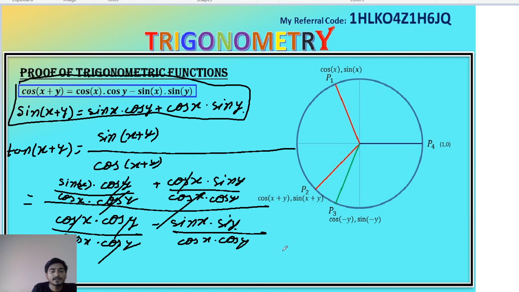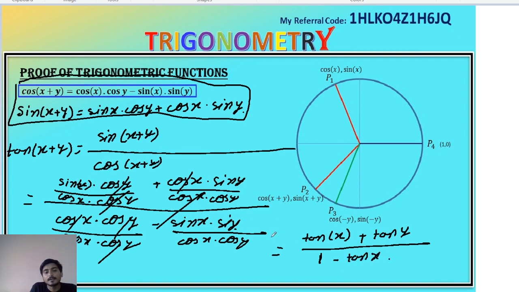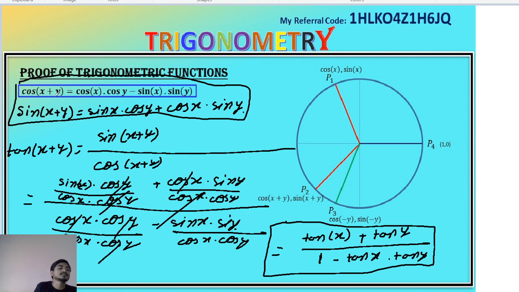What is left is, in the first part, sin x by cos x, so I can directly write this as tan of x, then plus sin y by cos y, that will become tan y, divided by 1 minus sin x by cos x into sin y by cos y. So sin x by cos x is tan x, and sin y by cos y is tan y. So again you can prove tan of x plus y based on the same derivation which we did at the start of the class.